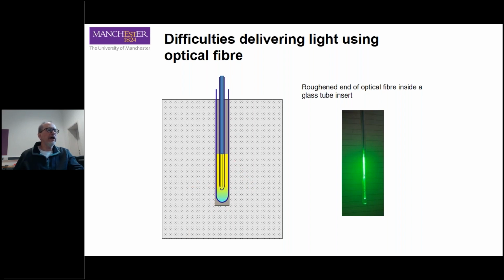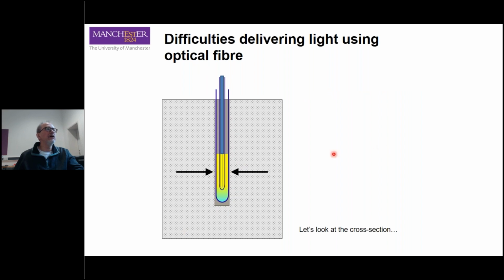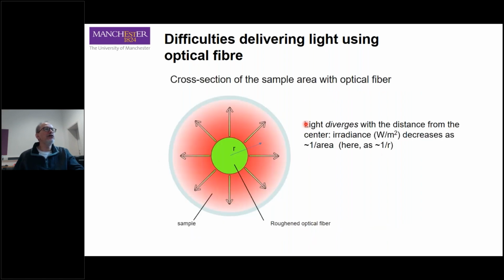Also, let's look for a second at the sample cross-section here. Light originates from the fiber in the center and diverges with distance. Even though the path length here is relatively short, the radial distribution of light is not uniform.